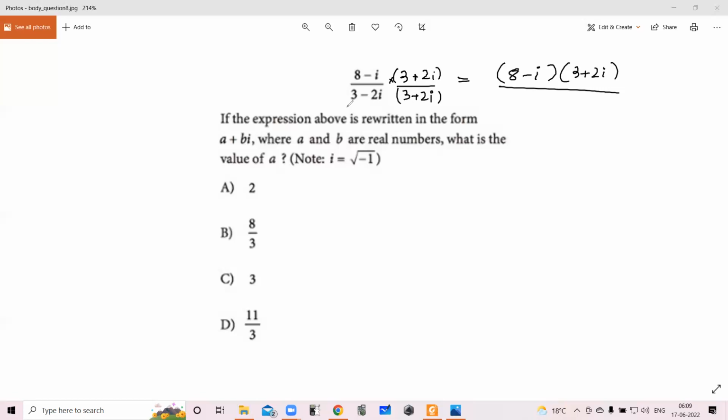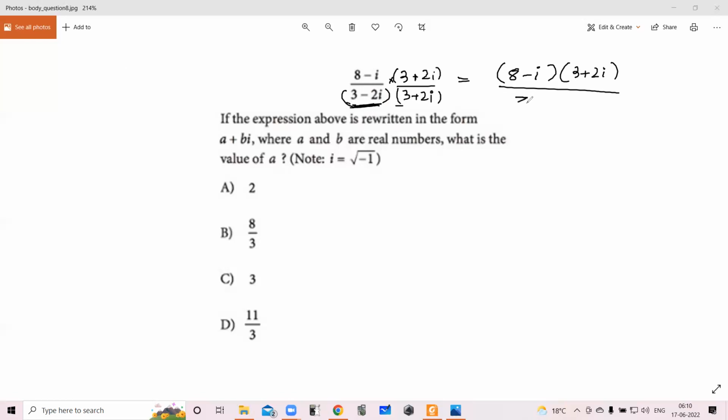3 minus 2i times 3 plus 2i will be how much? You can use something here: it's A minus B times A plus B, or A plus B times A minus B. It'll be A squared minus B squared.